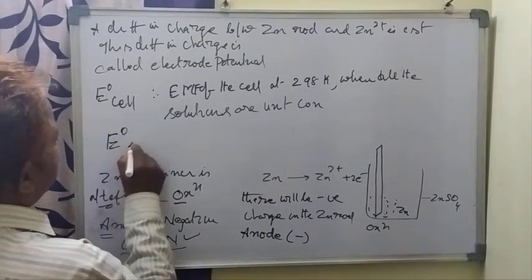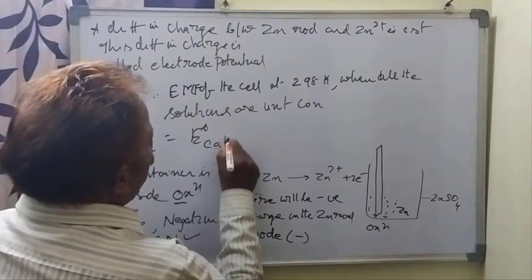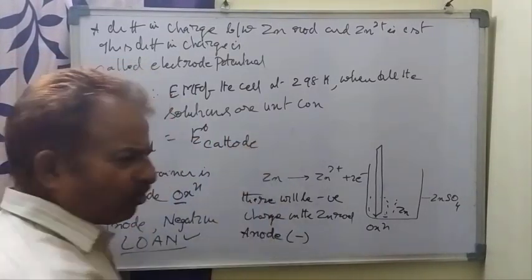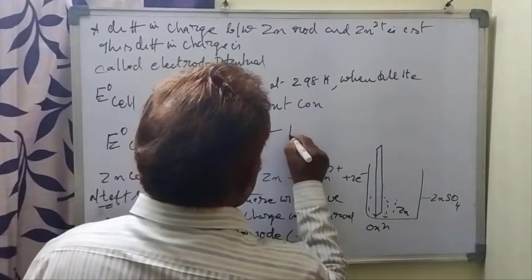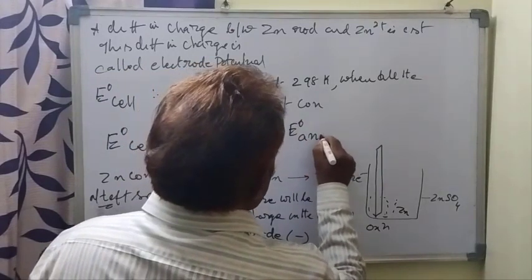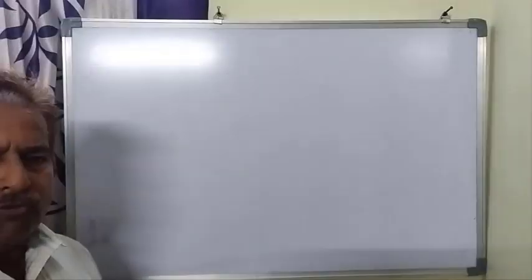EMF of the cell, that is E naught cell equal to E naught cathode minus E naught anode. E naught cathode means electrode potential obtained at the reduction half cell. So this is the formula to find the EMF of the cell. How do we find the electrode potential of an individual electrode?